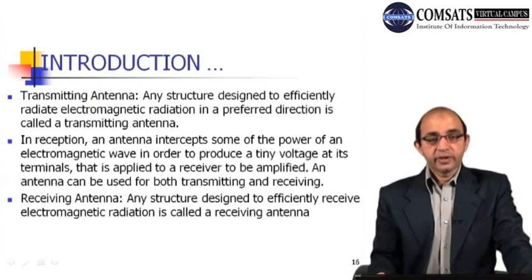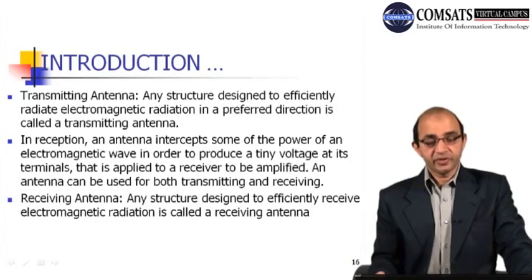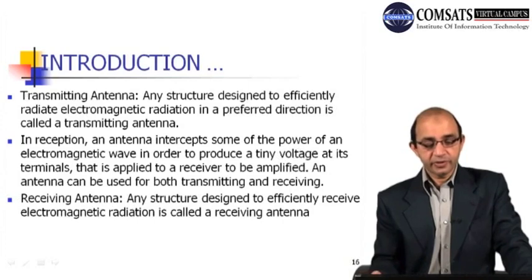We have two types, as mentioned. A transmission antenna is any structure designed to efficiently radiate electromagnetic radiation in a preferred direction. We can have directional antennas or omnidirectional antennas, and there are many other types which we will discuss at a later stage. In reception, an antenna intercepts some of the power of an electromagnetic wave.